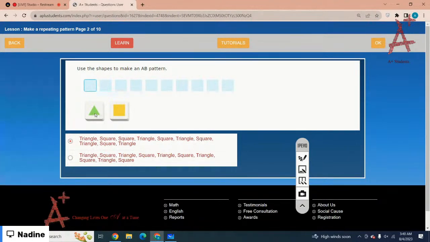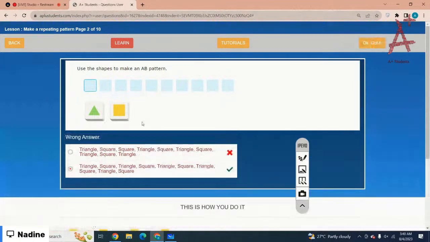If you place the triangle first, you have to follow the same, triangle and then followed by a square. Okay, you have to count it, it will end up on a square.